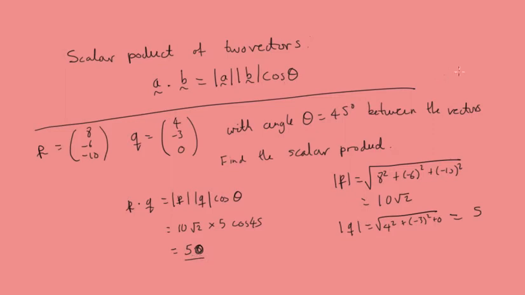Now, let's think of a couple of special cases. Let's think we've got two vectors that are parallel. So, A dot B is the magnitude of A times the magnitude of B times cos theta. Now the angle between them is going to be either 0 or 180, so cos theta is going to be 1.